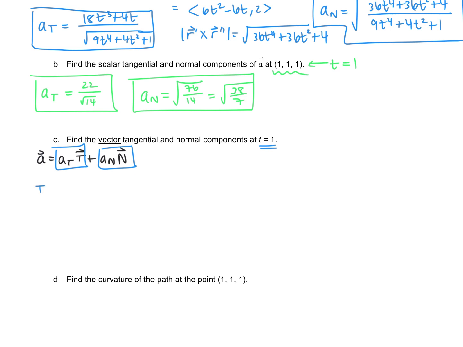So if we start with finding the unit tangent vector, this is going to be r prime of t divided by the magnitude of r prime of t. So T at 1, though, is going to be r prime of 1 over the magnitude of r prime at 1. So this is the vector 1, 2, 3, all over the square root of 14.